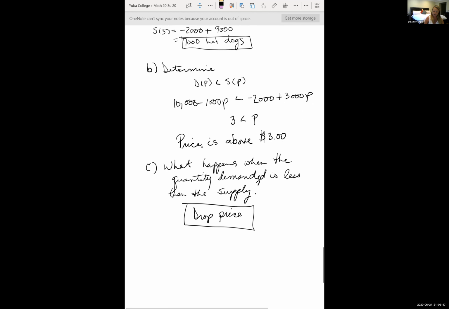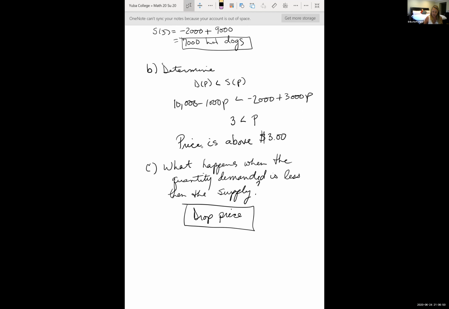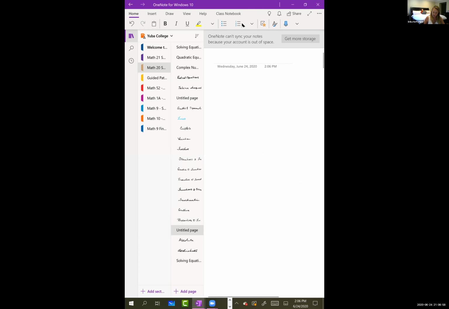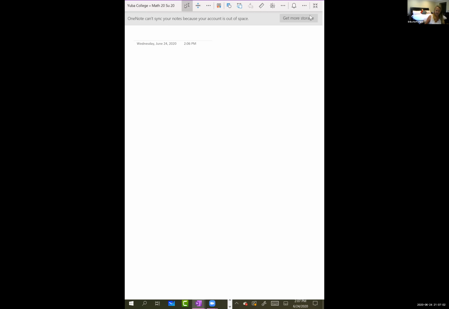Okay, so that was 4.1. Next is 4.3; we are skipping 4.2. It talks about quadratic functions and their properties.